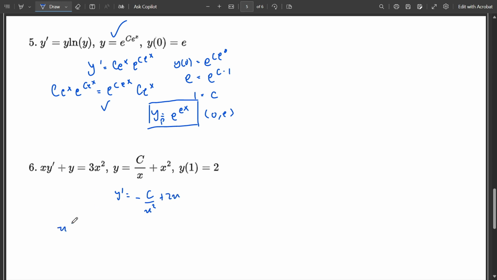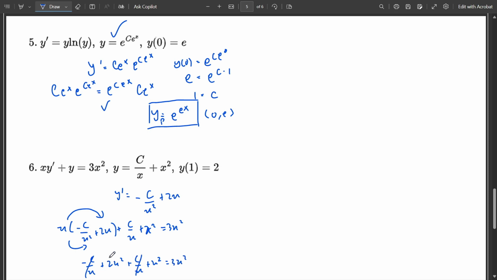Substitute this: x times negative c over x squared plus 2x plus c over x plus x squared equals 3x squared. And we can distribute x here. We have negative c over x plus 2x squared plus c over x plus x squared. Does it equal 3x squared? Yep, it does. Just cancel out. Combine this, we have 3x squared. So this is a solution.